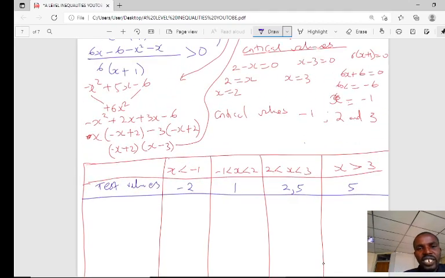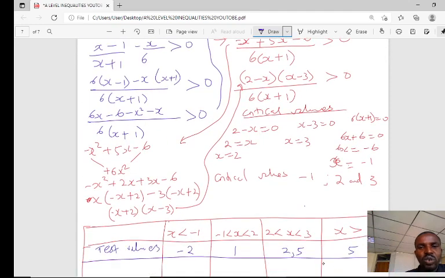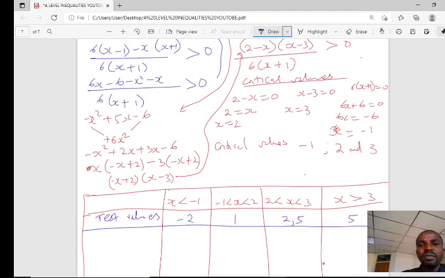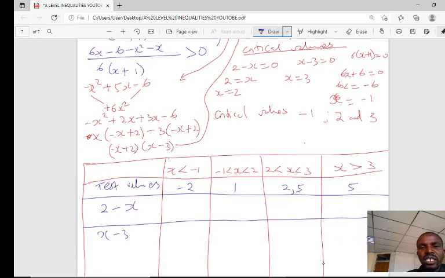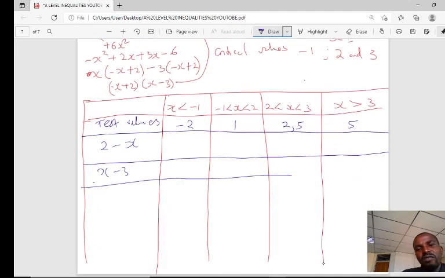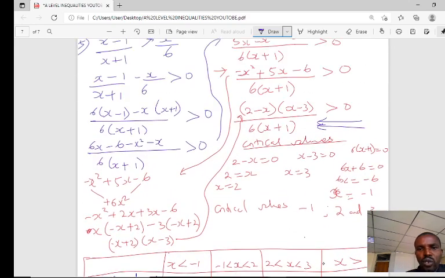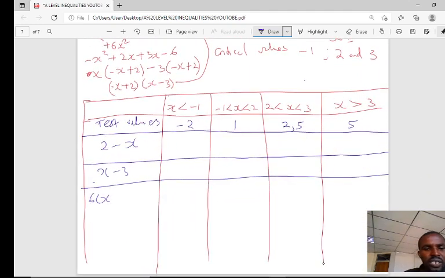Then now we take our factors. So first we have 2 - x, followed by x - 3, then followed by 6x + 1, so you have 6(x + 1), like this.